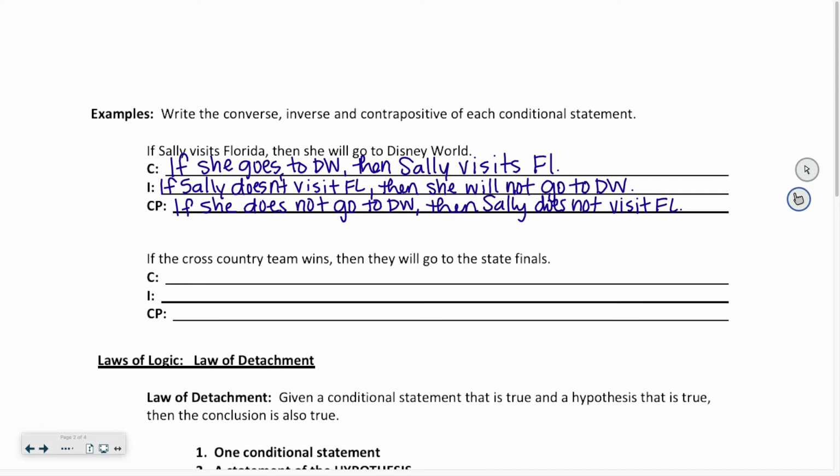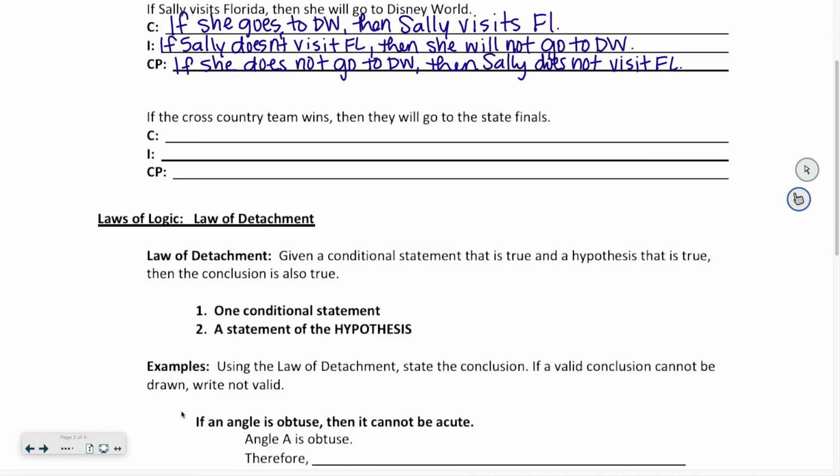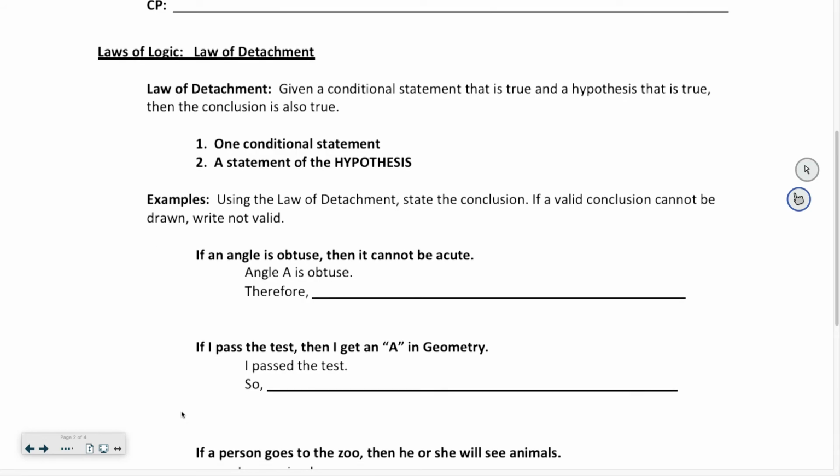All right, there are two laws of logic that you have to know for this chapter. One of those laws of logic is called the law of detachment. The biggest thing that you have to remember for the law of detachment is there is only one conditional statement.